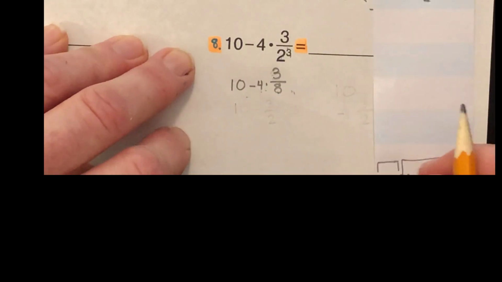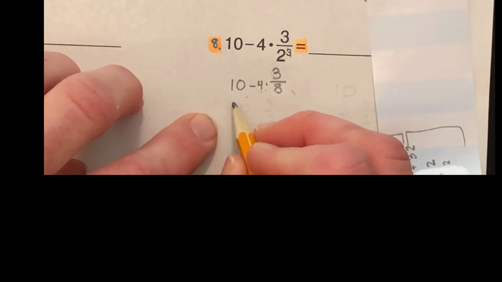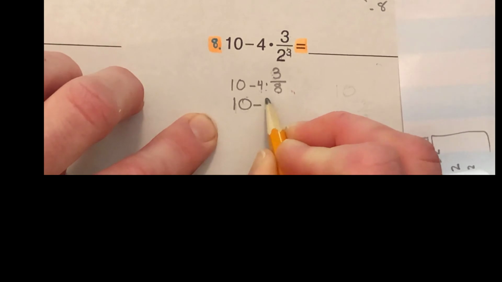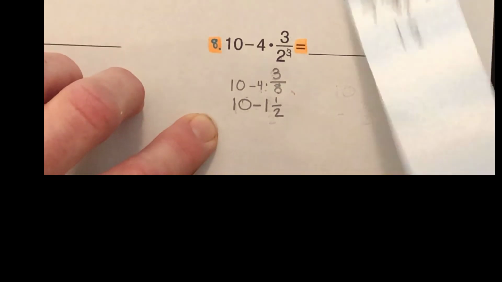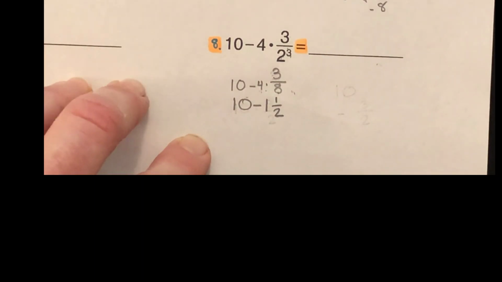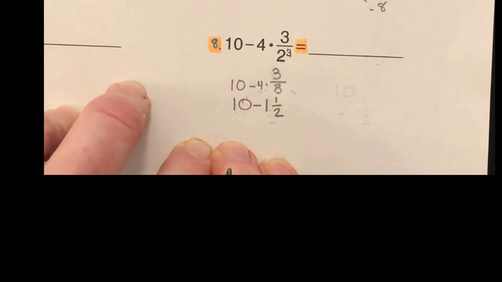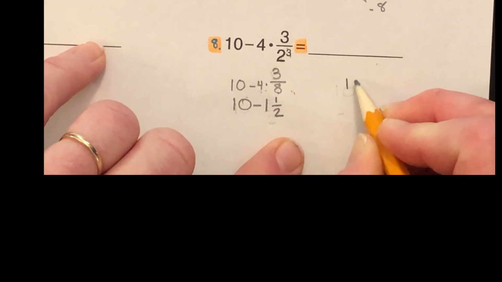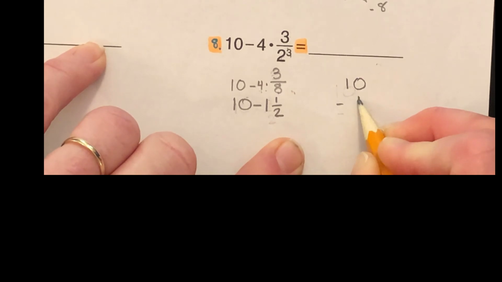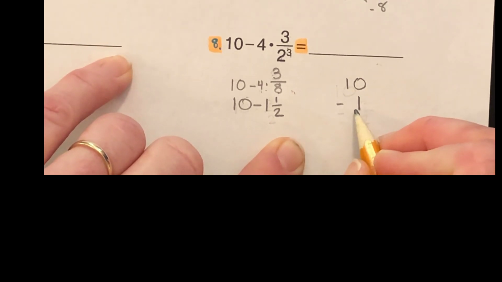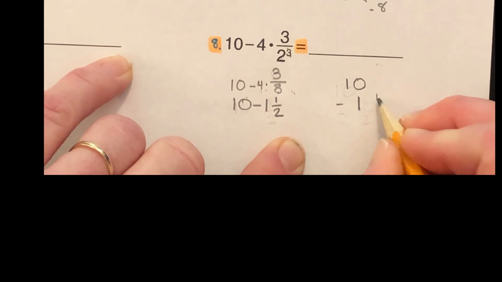So now I have 10 minus 1 and 1/2. Now, maybe you can do that in your head, maybe not. So just in case you don't automatically know that off the top of your head, let's subtract it out. We have a whole number and a mixed number, so 10 minus 1 and 1/2.